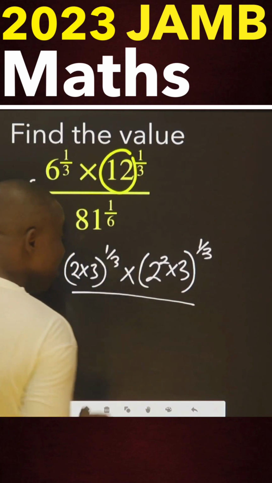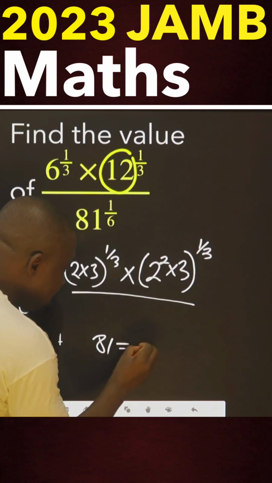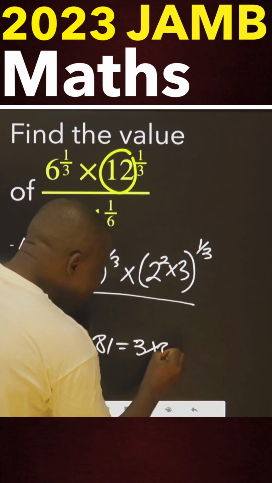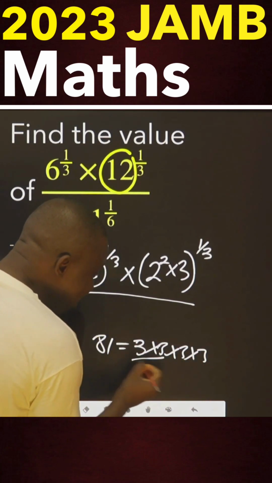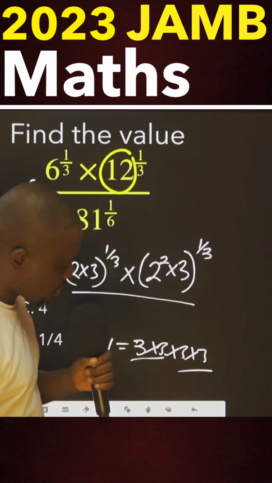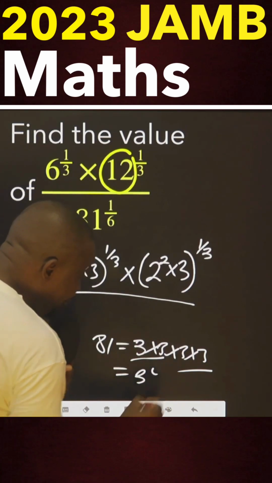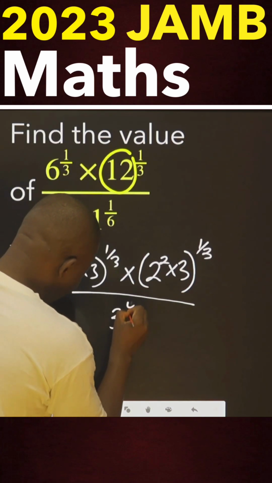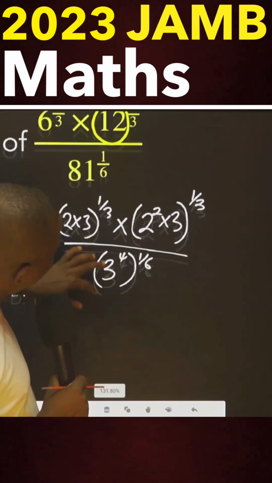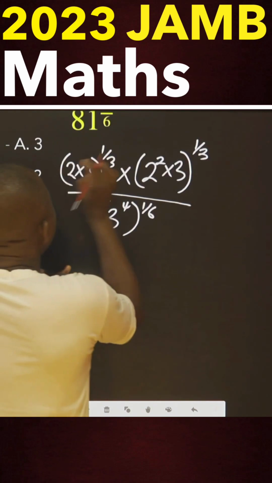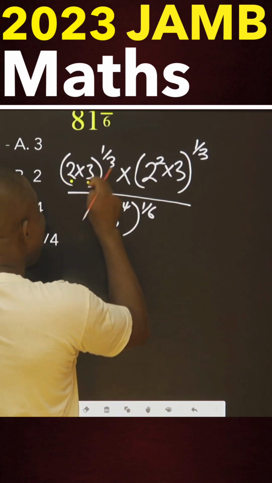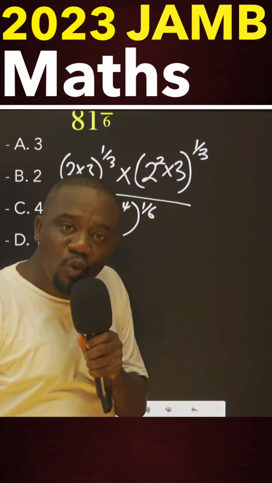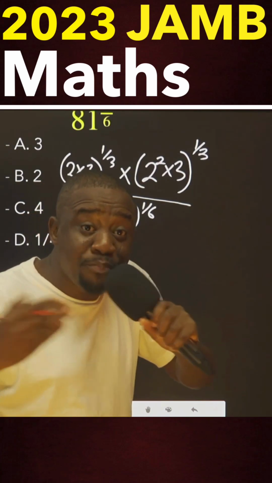All over. What is the meaning of 81? 81 means 3 times 3 times 3 times 3. That is 9 times 9 equals 81. It means 3 raised to power 4. Therefore, you say 3 raised to power 4. Now, because you have done this, it means this and this are the ones carrying 1 over 3. They want to go their separate ways.